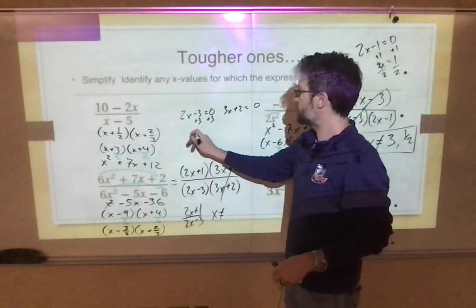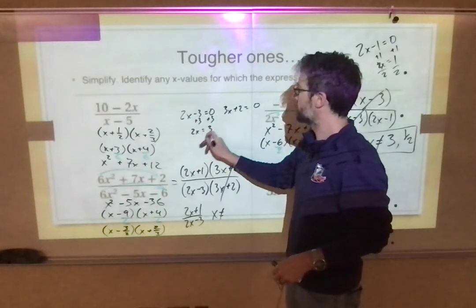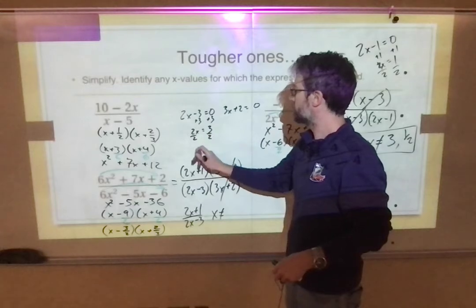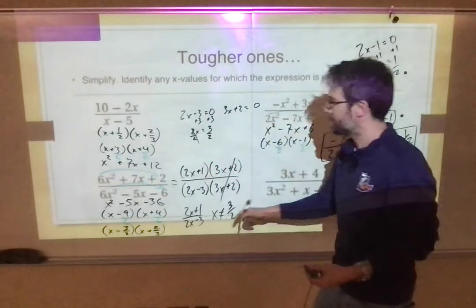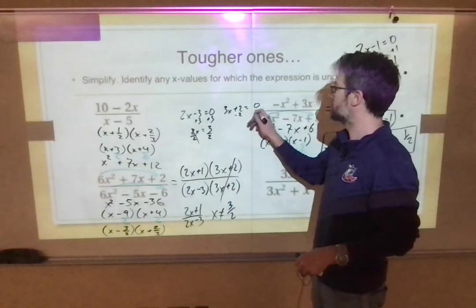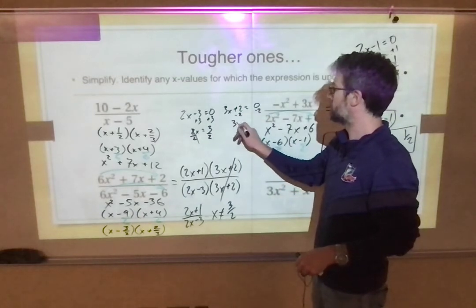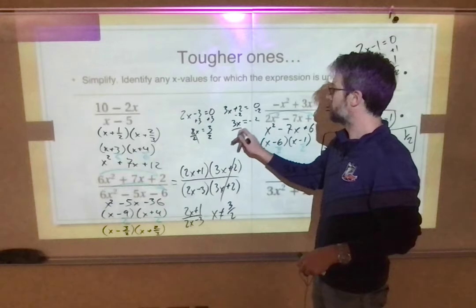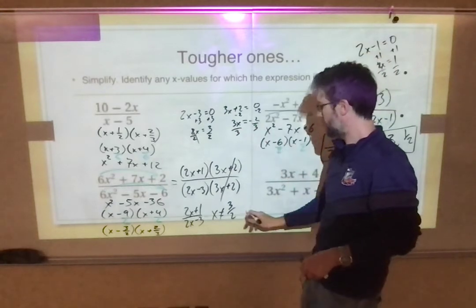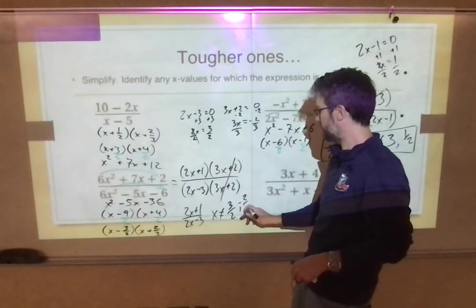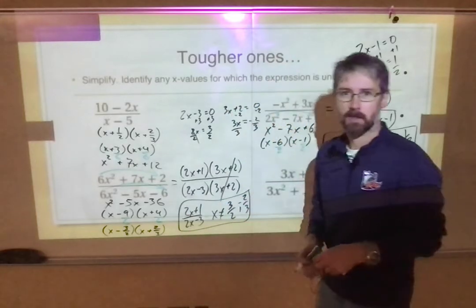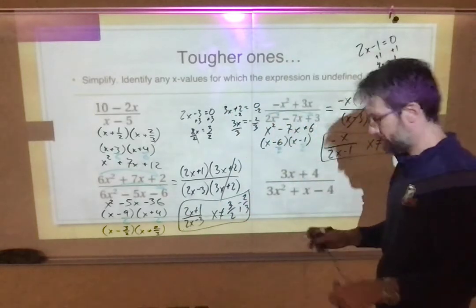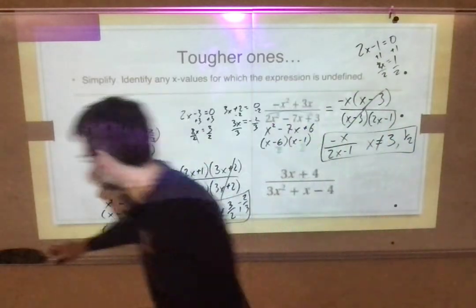And just a little bit of two-sided algebra now. We get x can't equal 3 over 2, and negative 2 over 3. Hopefully that doesn't look so terrible on the screen.